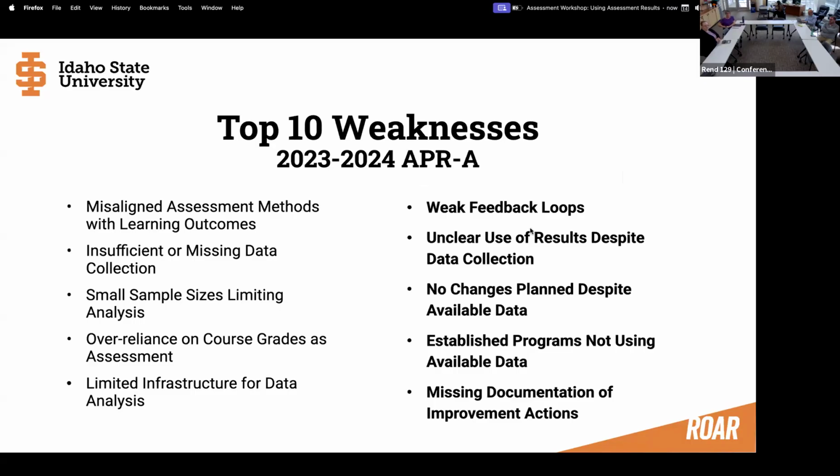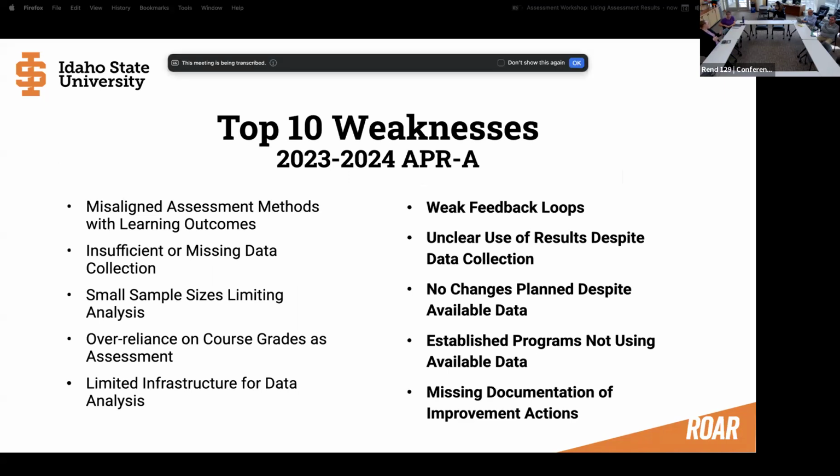So to prepare for this, we took last year's annual reports and did a summary of the most common weaknesses in all of the annual reports from last year, based on the feedback that we received at the various different departments. So things like misaligned assessments, sample sizes were limiting, over-reliance on course grades.